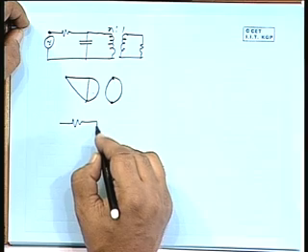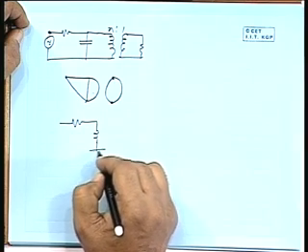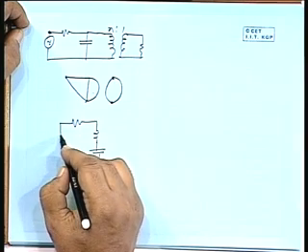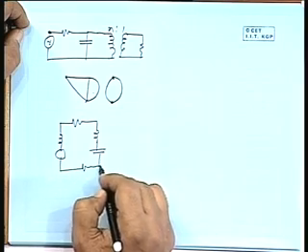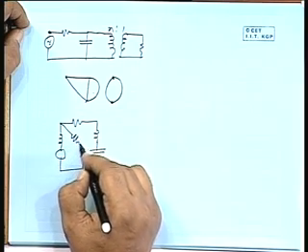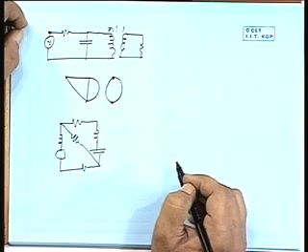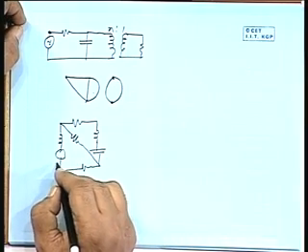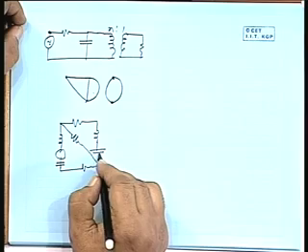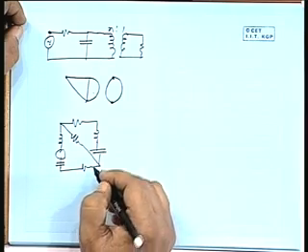You may have a circuit like this. There is a source, there may be a capacitor here, there may be a capacitor here, okay.